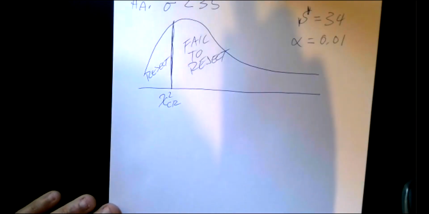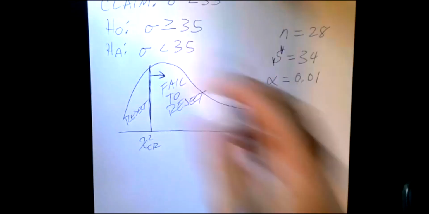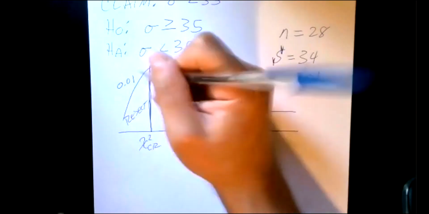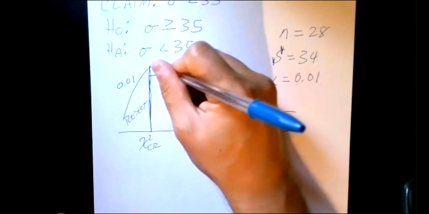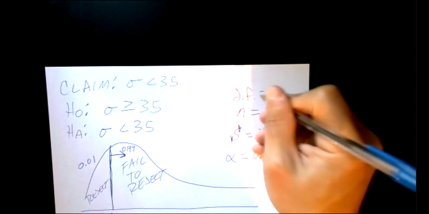Okay, remember the chi-squared distribution needs the area to the right. 0.01 is the area to the left. So if I do 1 minus 0.01, 0.99 is the area to the right. N is 28, which means degrees of freedom are 27.